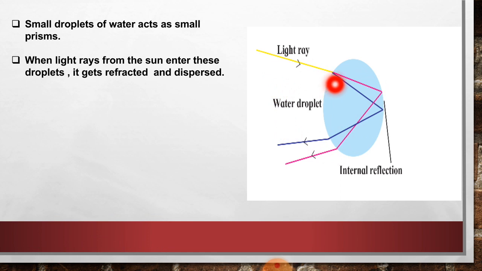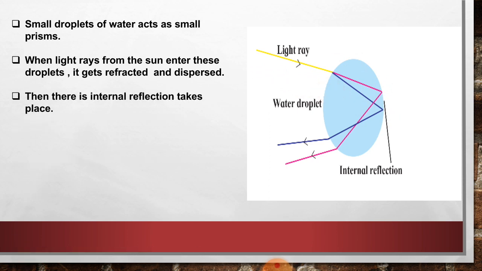Here you can see the bending. Refraction means, always remember, bending. So when the light ray enters the droplet, it gets refracted. You can see this bending, and it gets dispersed. That means the light gets separated, it gets distributed into different colors.